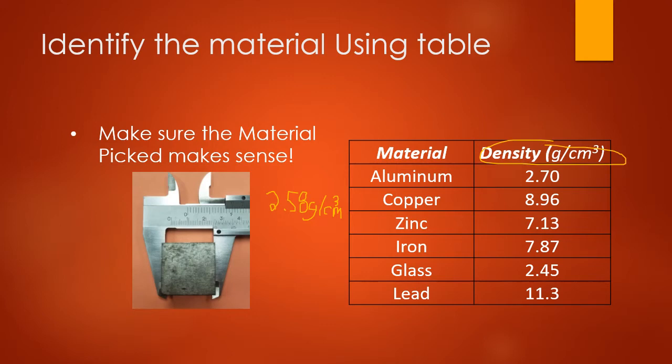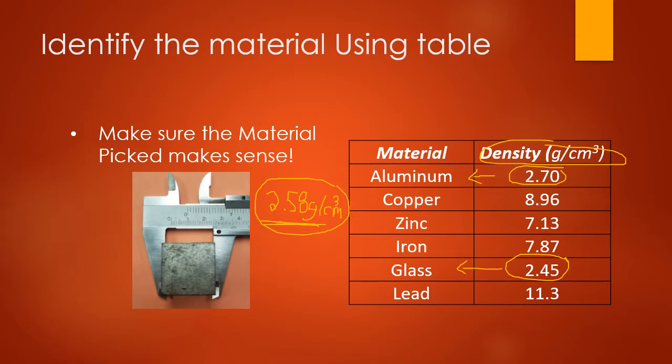We'll notice there are two densities that are close to that calculated value. We have 2.7, which corresponds to aluminum, but we also have 2.45 corresponding to glass as the material. So the density calculated is in between those two materials, but you need to pick just one of the materials.